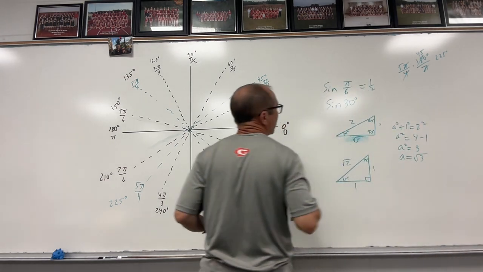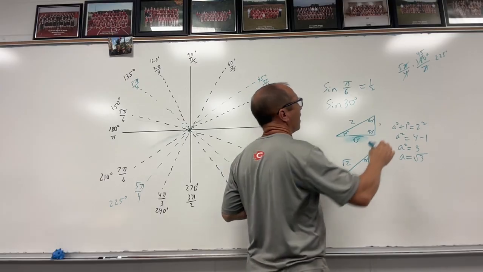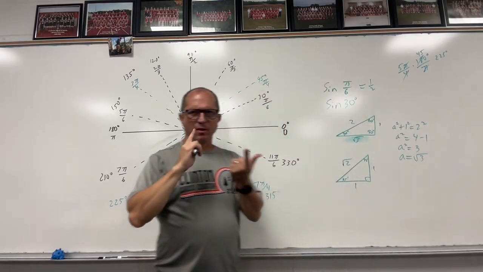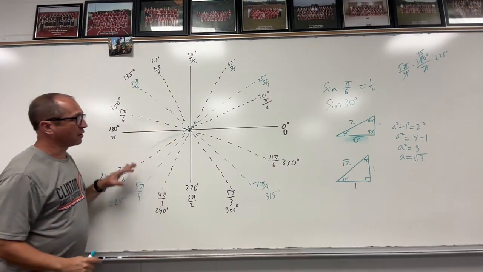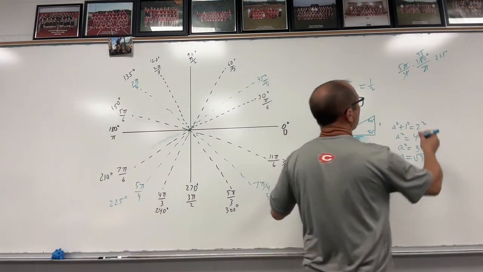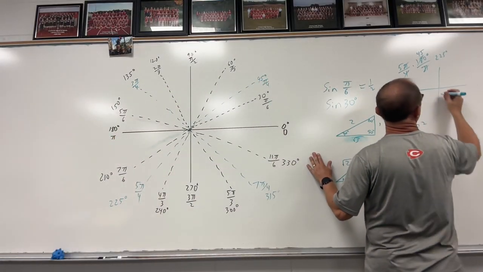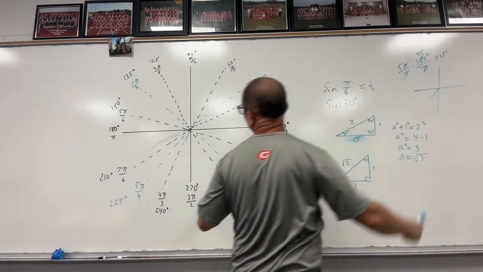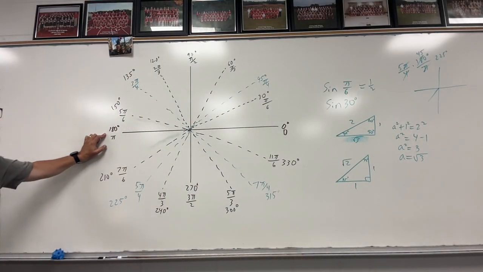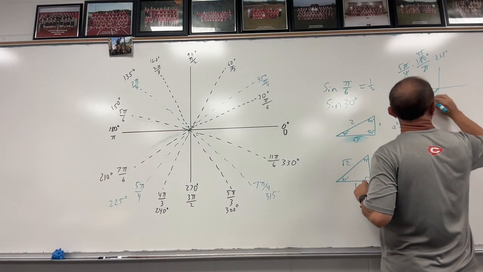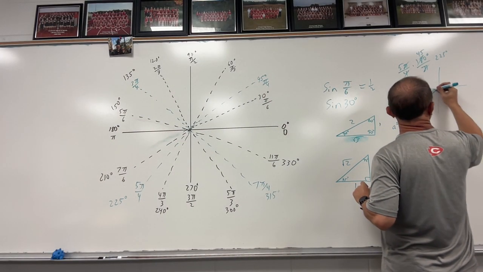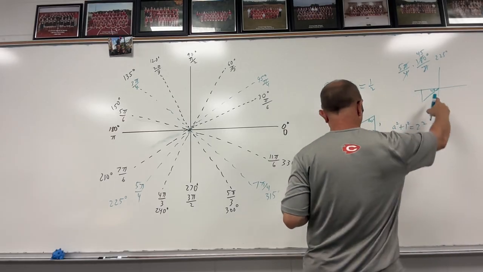But there's another way I want us to think about this. If you think about this setup as, okay, it's 5 pi over 4. The numerator is 1 greater than the denominator, so we know we're in the 3rd quadrant. So I'm going to draw me a 3rd quadrant triangle, and I also know 1/4 of 180 is 45. So I know I'm talking about a 45-degree angle in this triangle, so let's set it up.